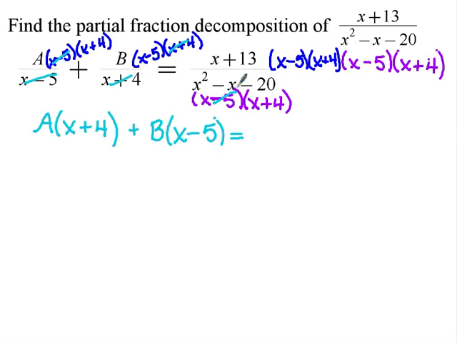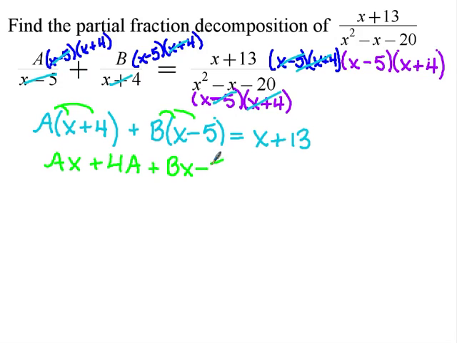Right, x plus 13, because these cancel. Now I'm going to distribute my A and my B. So I get Ax plus 4A plus Bx minus 5B equals x plus 13.